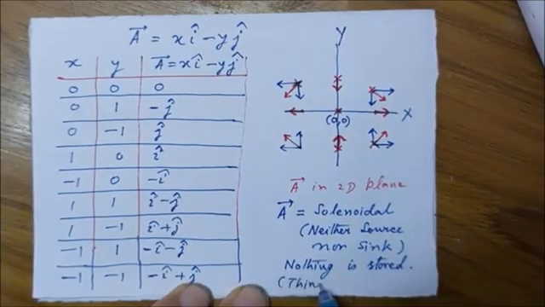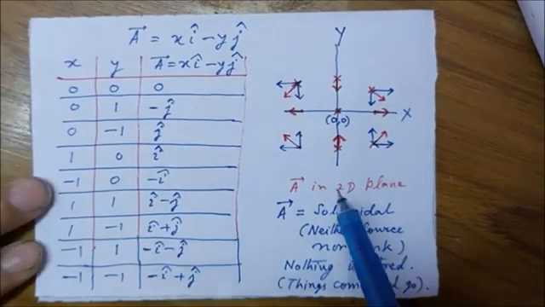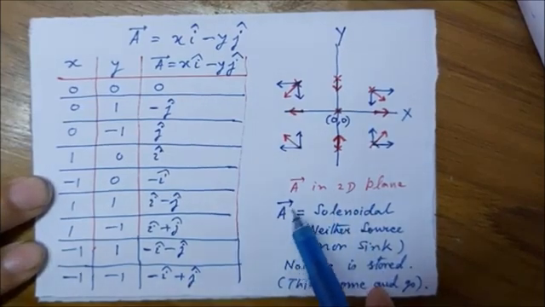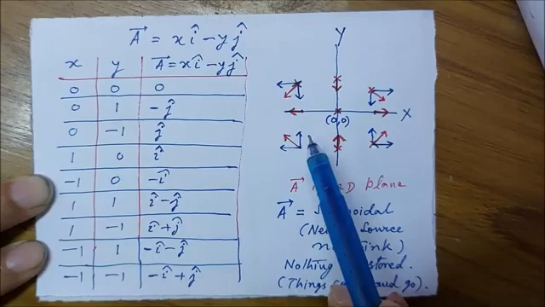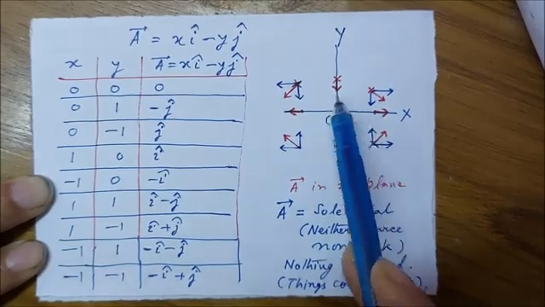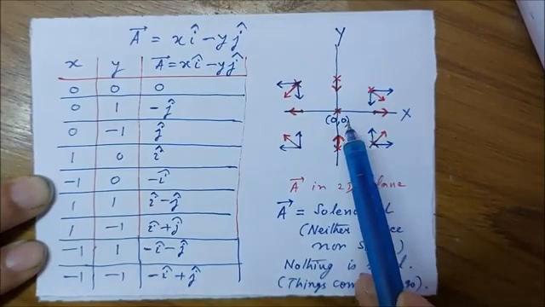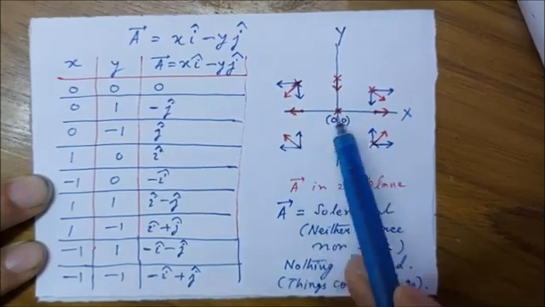Things come and go. If we ask what is the divergence of A from this point? For divergence, something should be stored here. Since nothing is stored here, the answer will be there is no divergence. And also, since nothing is stored here, this means nothing is falling upon it, so nothing is convergent upon it.